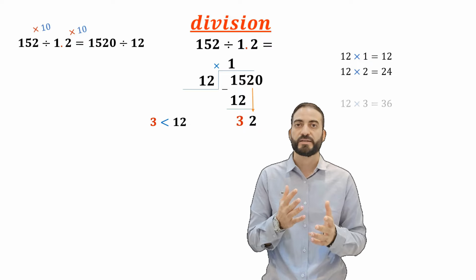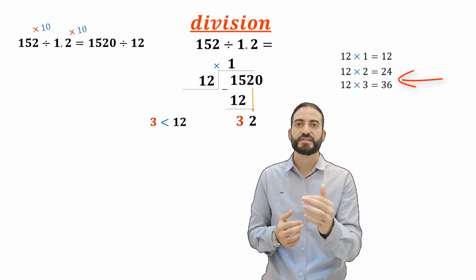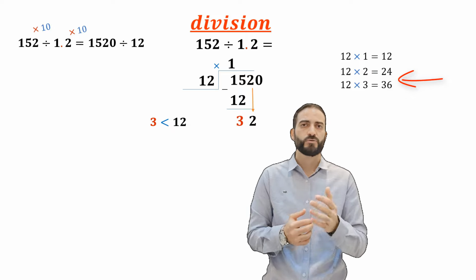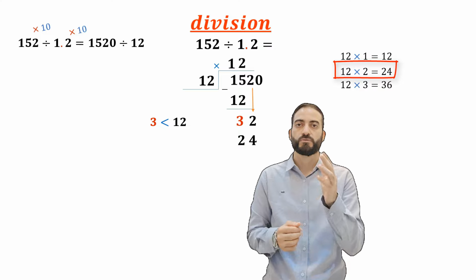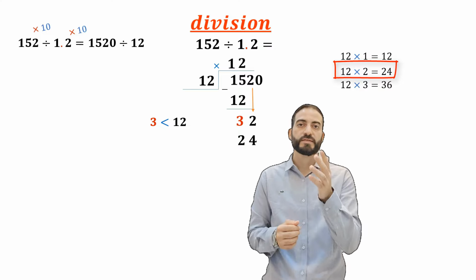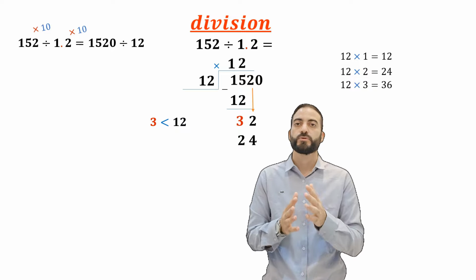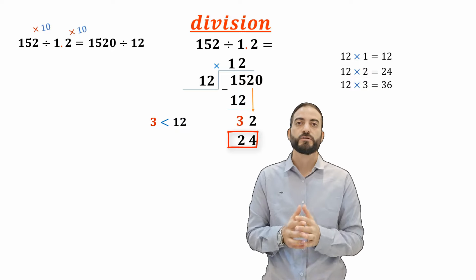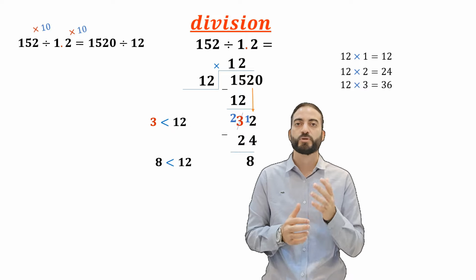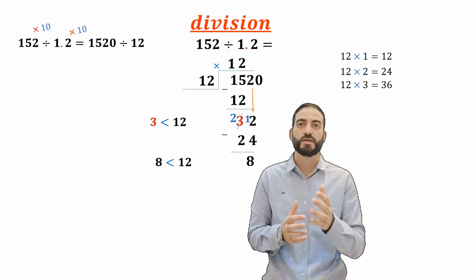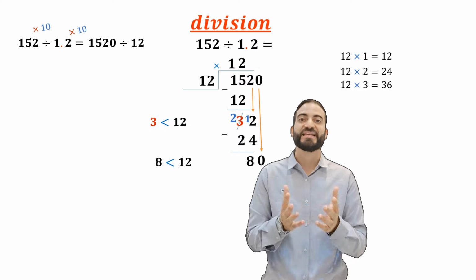We find that the 32 is here between 24 and 36. Of course, we always take the smallest. So we take 12 times 2 equals 24, and we put this 2 here and immediately multiply it by 12 and put the answer, which is 24, here, and immediately do a subtraction to get 8. Because 8 is smaller than 12, we put this 0 here and we get 80.